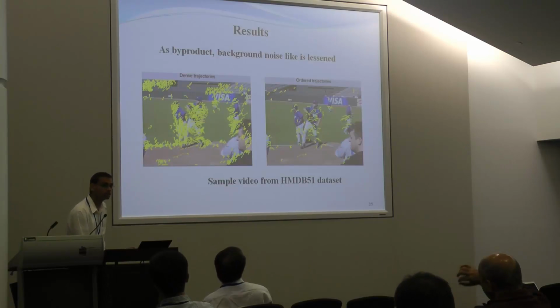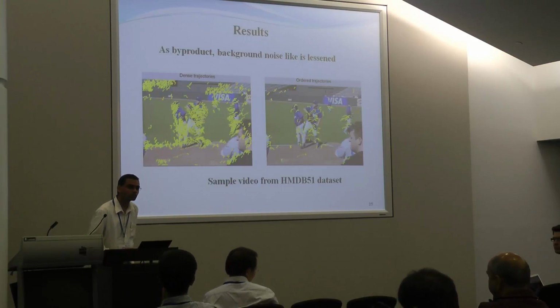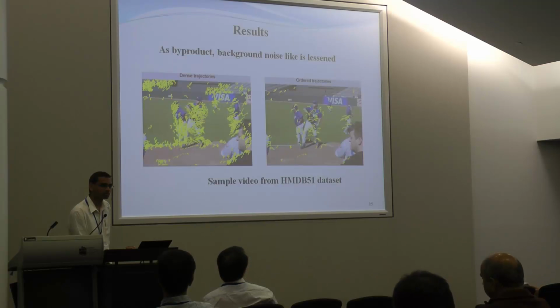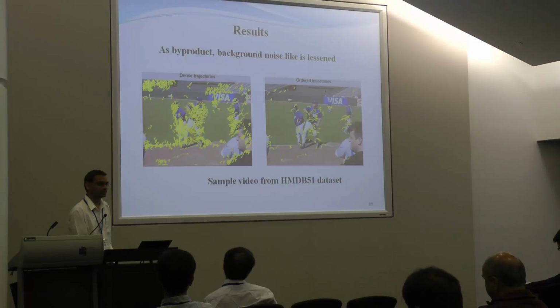So why did the background trajectories disappear? Because you're taking a couple of trajectories and getting bigger, longer ones. Yeah, we are checking whether they continue or not in the next coming frames. So that will also remove smaller ones.